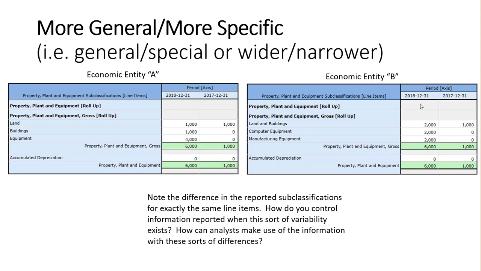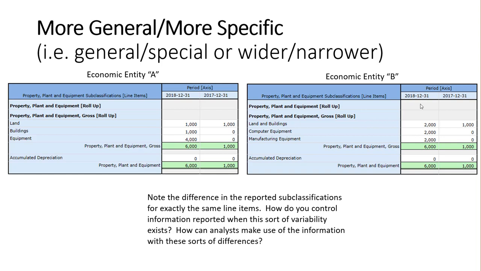Now, you can argue the case that the concept land and buildings that was created, you know that it is a type of property, plant, and equipment, because there's a calculation relation between land and buildings and property, plant, and equipment gross. You see that by the green value of the total, but that's saying there's a calculation relationship. So you know that it's a type of property, plant, and equipment.